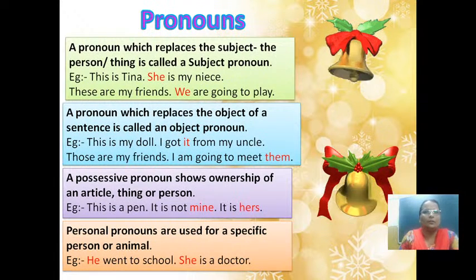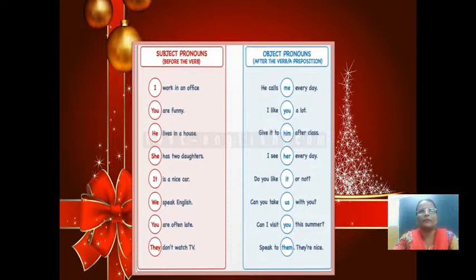We saw the samples also, then we discussed subject pronoun and object pronoun. I told you subject pronouns appear before a verb and object pronouns appear just after a verb.